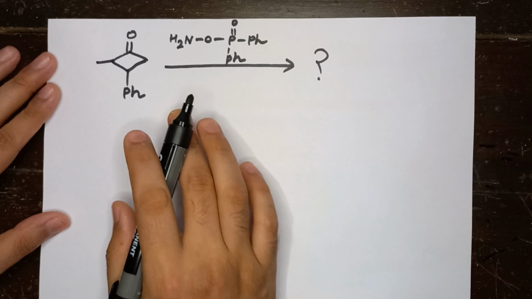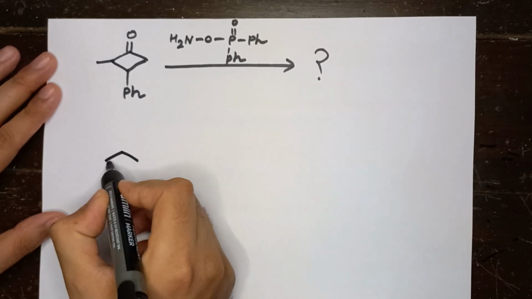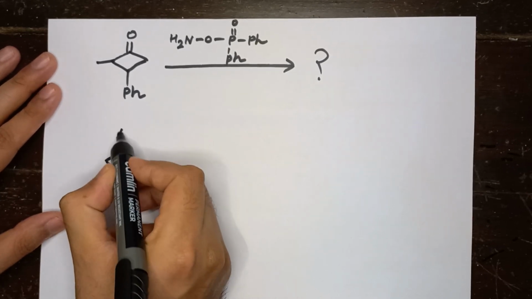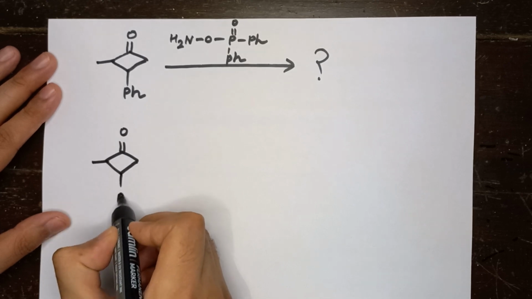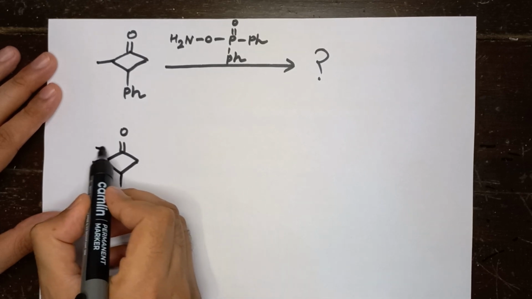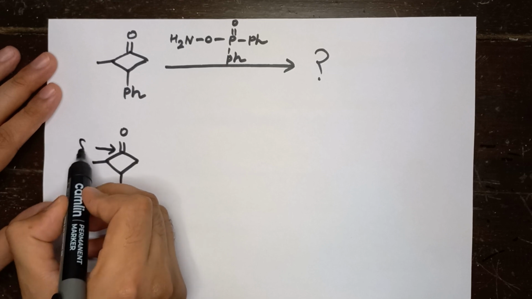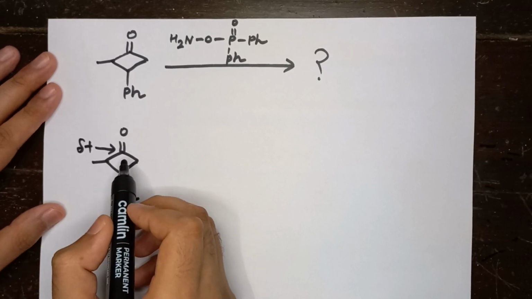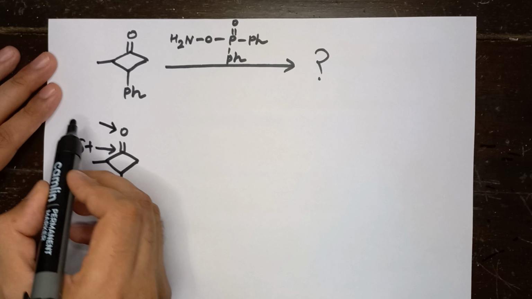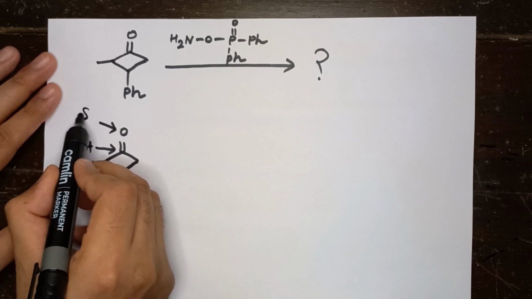So let's draw the mechanism. So I have this cyclobutanone. This carbon right here is electron deficient, having delta positive charge, and this oxygen is electron rich and having delta negative charge.